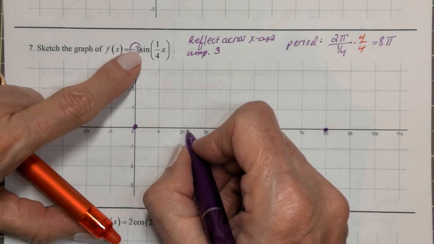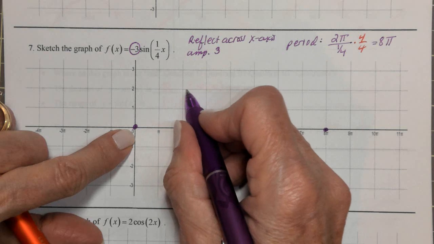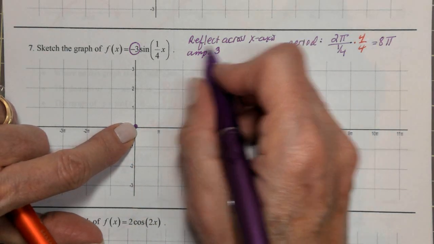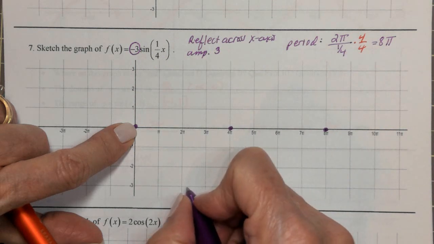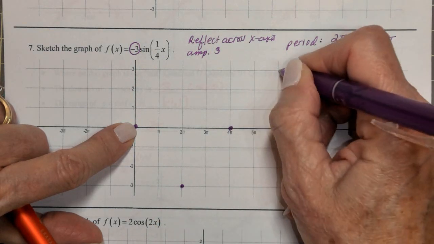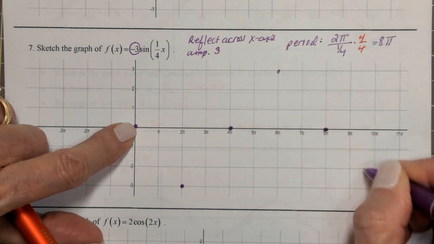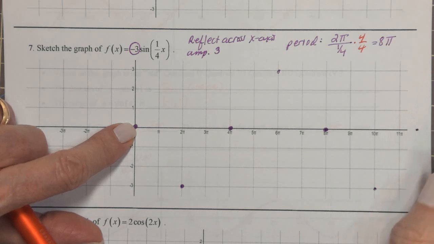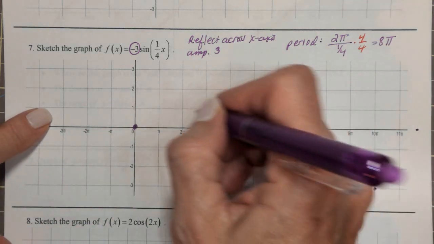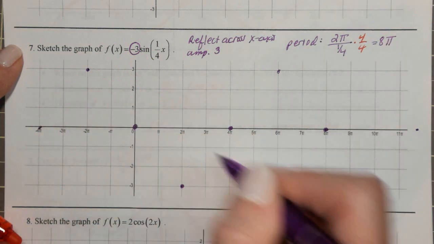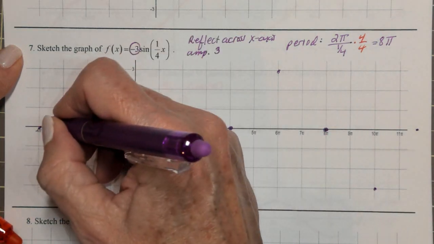Since I'm reflecting across the x-axis, normally I go up, but this time I need to go down. So I go down, then to 0, then up, then to 0, then down, then to 0, then up, then to 0, then down. All that keeps on going.